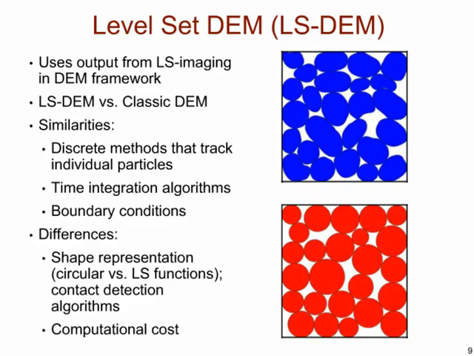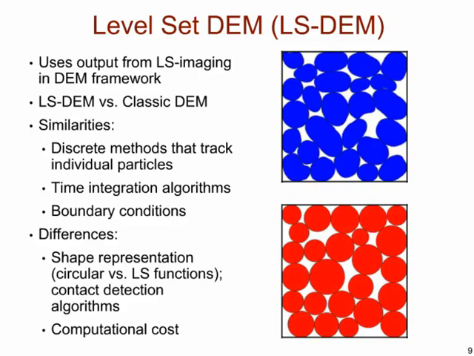DEM? So here I just want to compare the classic DEM and LSDEM, the level set DEM. We can take images through the LS imaging process and put them into a DEM framework. This is what you could call meshing in the FEM world, right? You go from an image to a computational model. The similarities are that both methods track individual particles, and the time integration algorithms are exactly the same, and the boundary conditions are exactly the same between LSDEM and classic DEM.